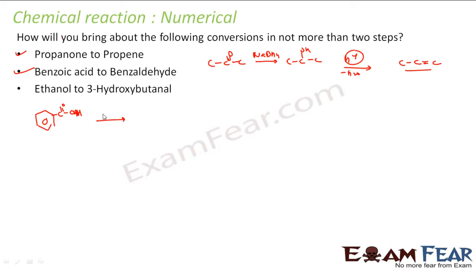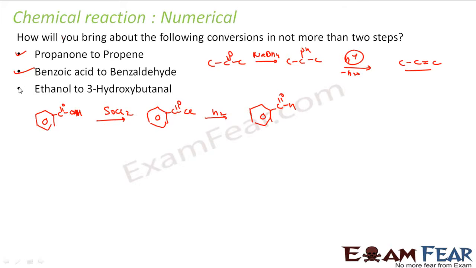So I can react this with PCl5, PCl3 or SOCl2, any of these. I get COCl, right? And to this I'll add hydrogen. What will happen is Cl will be replaced with hydrogen, and what I get is benzaldehyde. Or I can do a controlled reduction also.